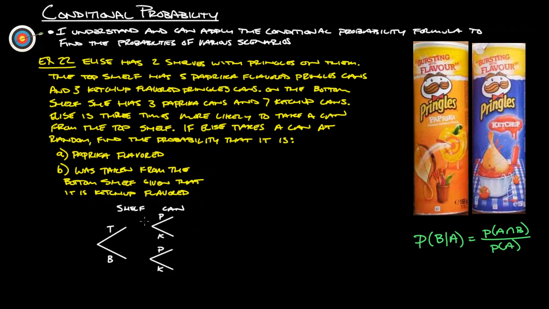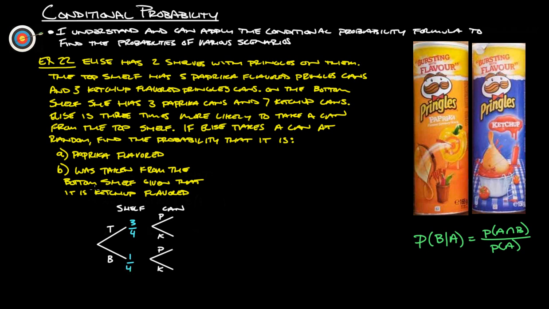Okay, so I made a tree diagram just to help figure this out, make it a little bit easier. She's 3 times more likely to take a can from the top shelf. So that means 3 out of 4 times she's going to reach from the top shelf, and only 1 out of 4 times from the bottom shelf, because 3 times.